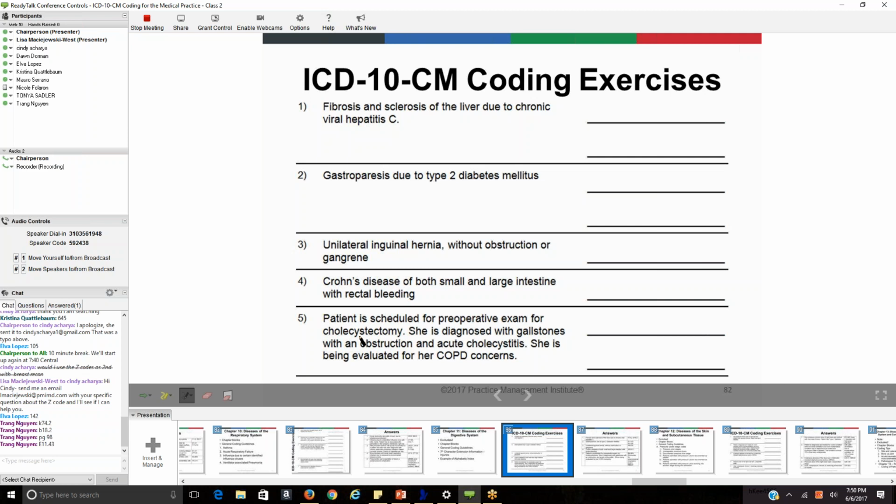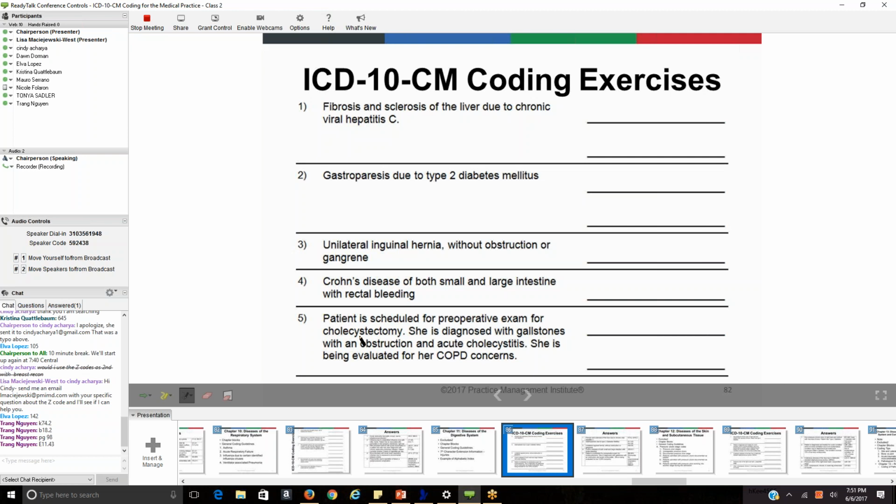So we go to the K31.84. What kind of instruction does it give us? K31.84 gives us the instruction of code first underlying disease if known, such as diabetes mellitus, E08.43, E09, E10, E11, E13, etc. And we had E11.43.